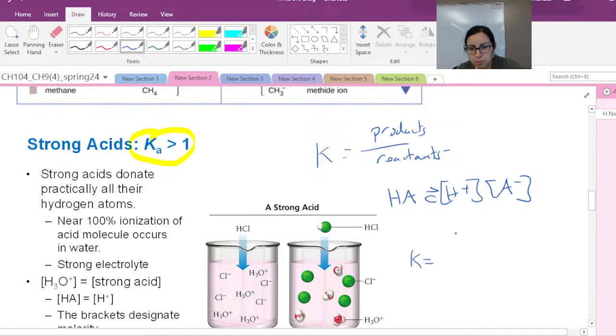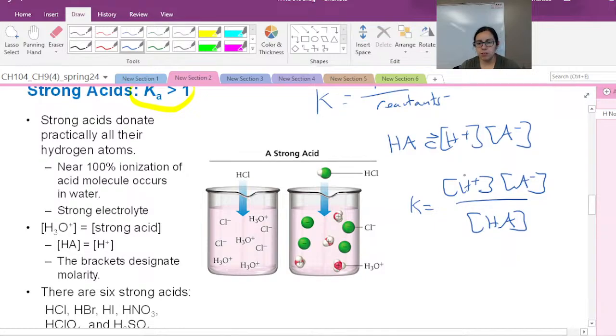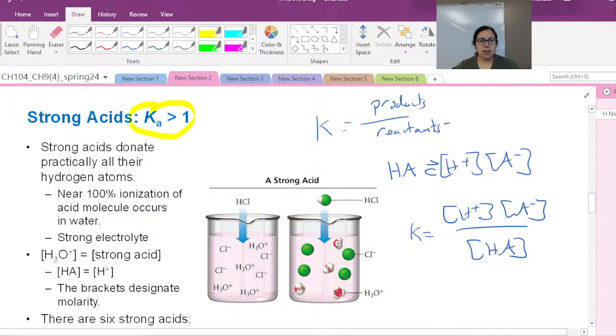So K would be H plus times the conjugate base over how much is still together, basically: dissociated over associated. So if we have a strong acid, our Ka is going to be greater than 1, since it's almost 100% ionization. These will be dominating the concentration, and we should have almost negligible HA.